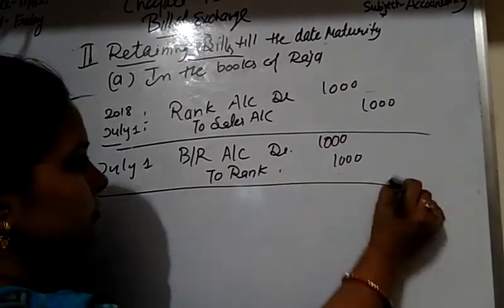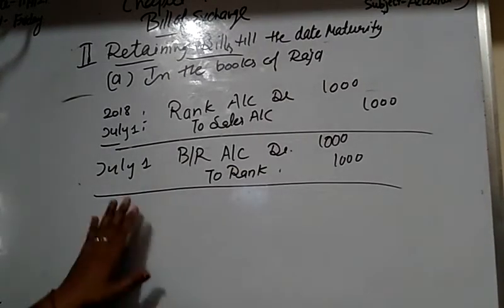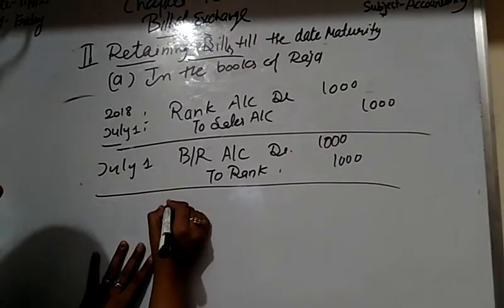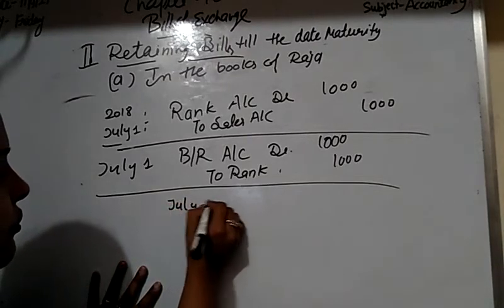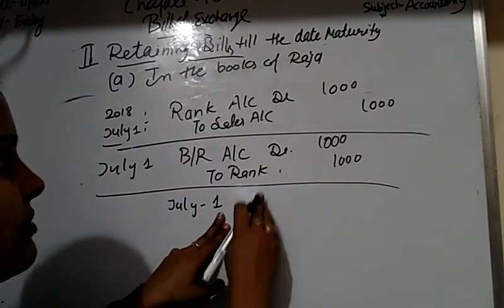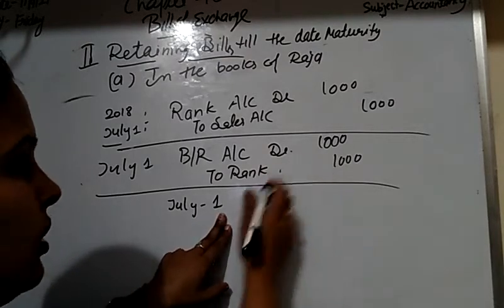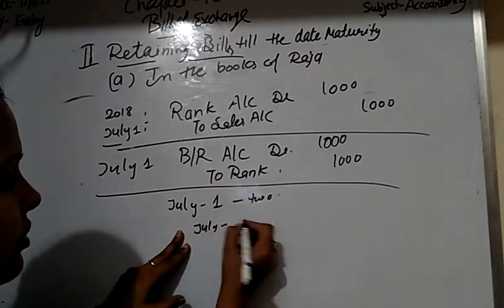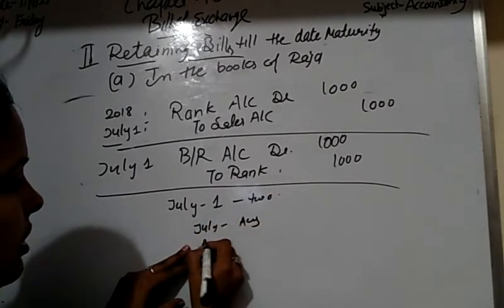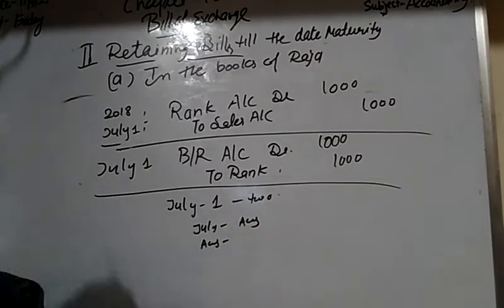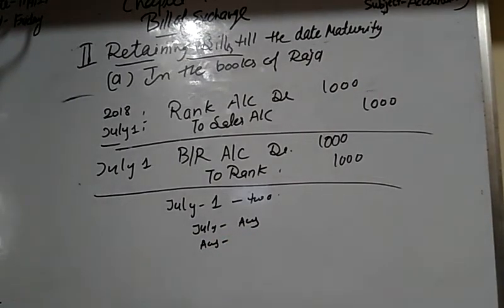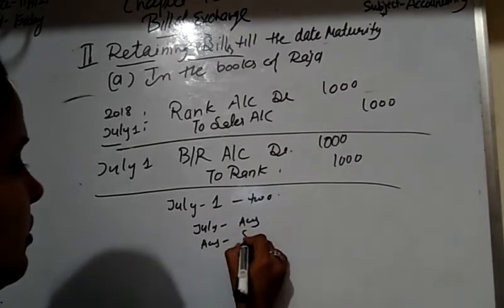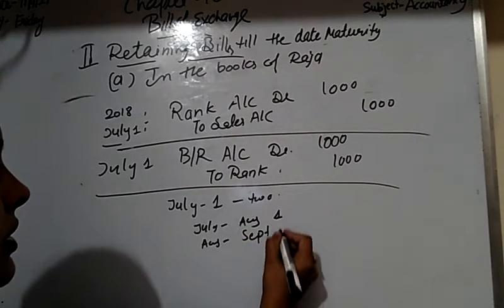After that, when payment is made. This transaction is held on July 1st, and this bill of rupees 1000 matures after 2 months. So 2 months: July to August, August to September, the first month and the second month.